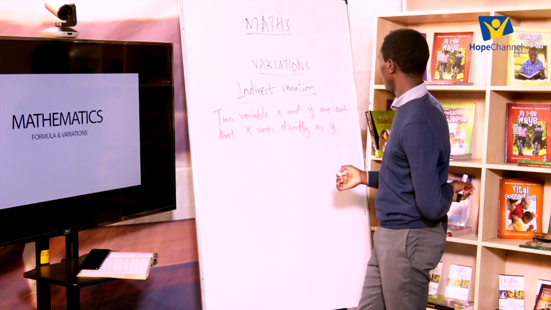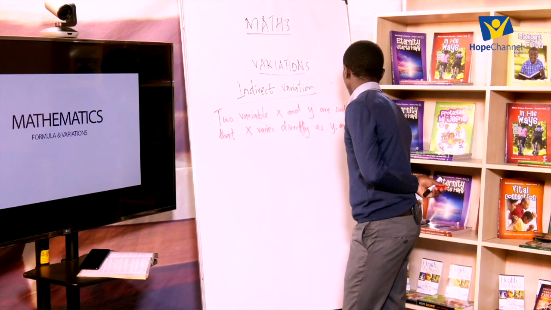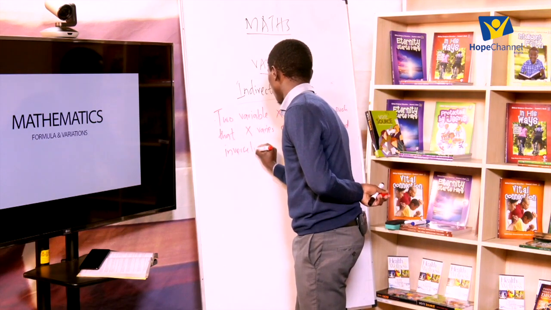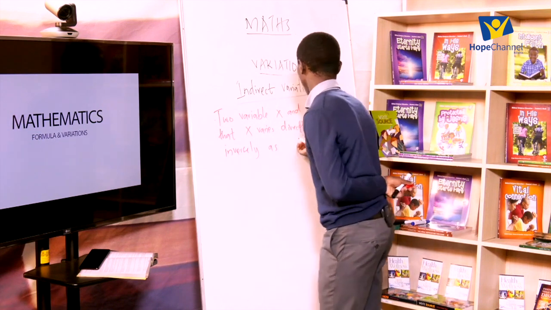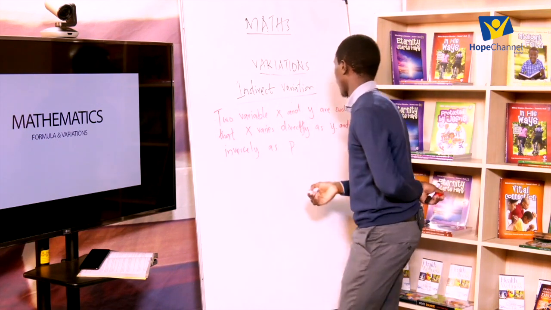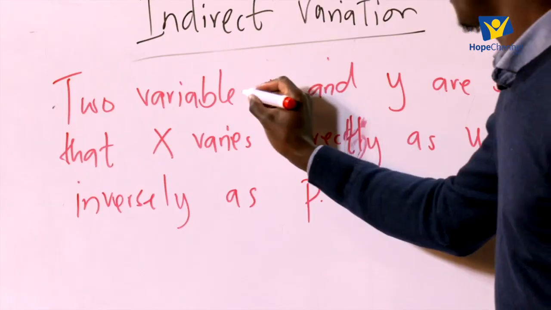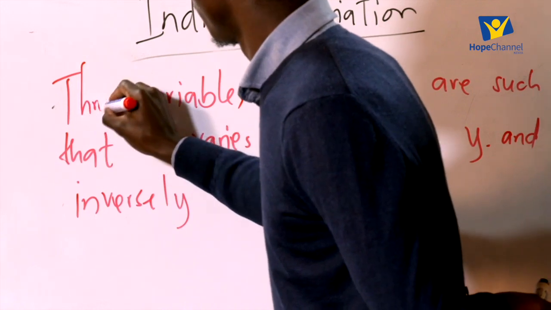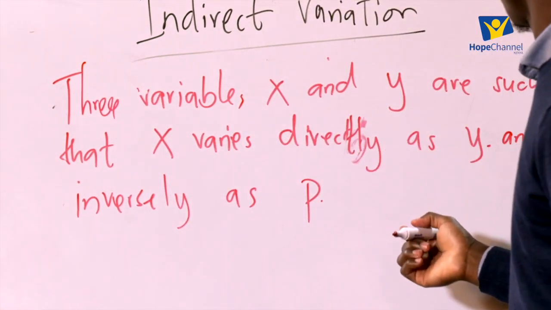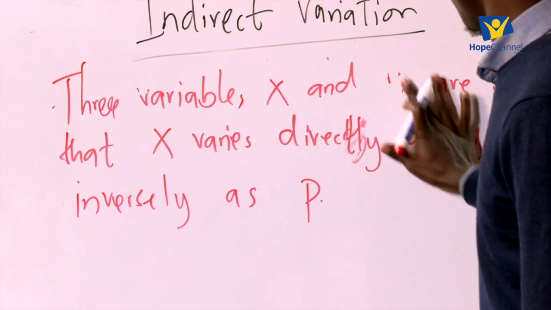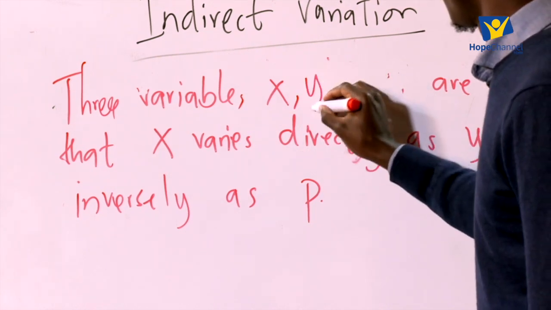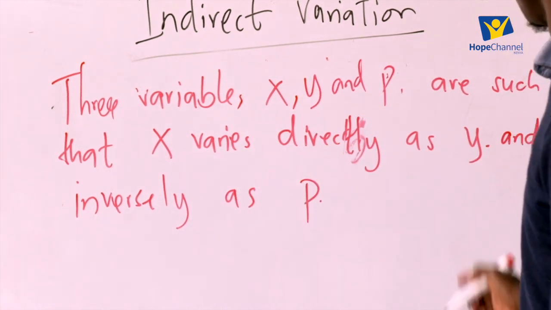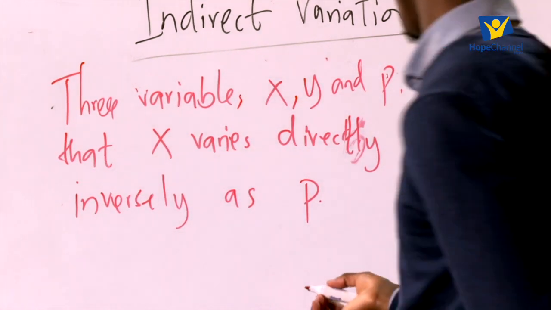Three variables, x, y, and p, are such that x varies directly as y and inversely as p.